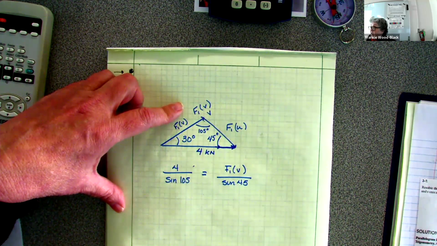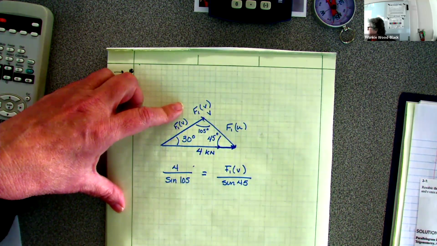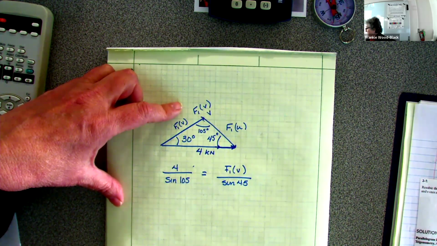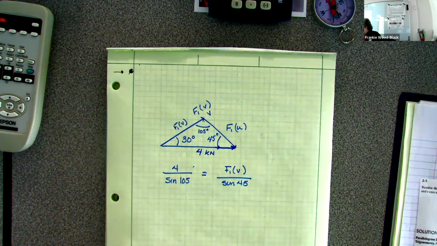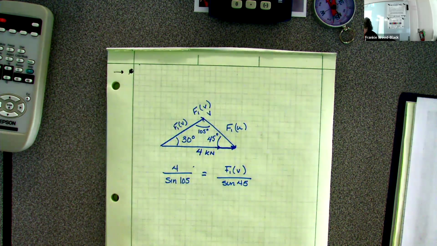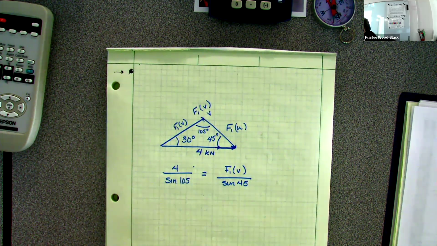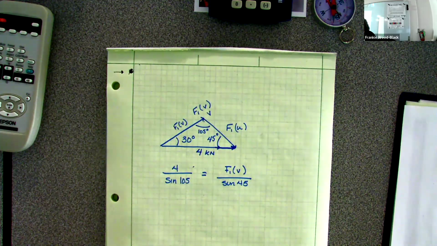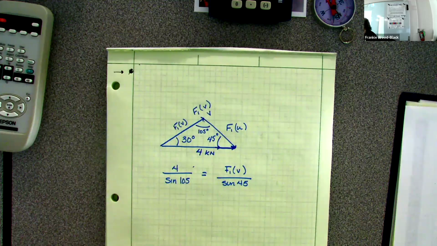So you can get these weird components on a not Cartesian coordinate system by using the law of sines. And I think you got a couple of homework problems that kind of refer to that. So I just wanted to show that part before we dive into looking at a few other fun things.